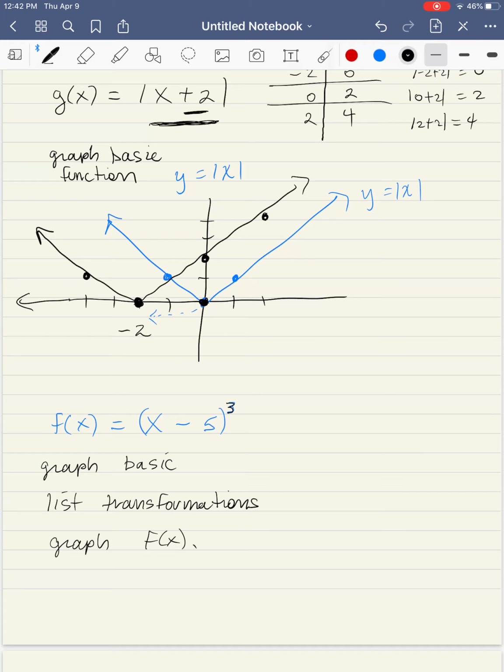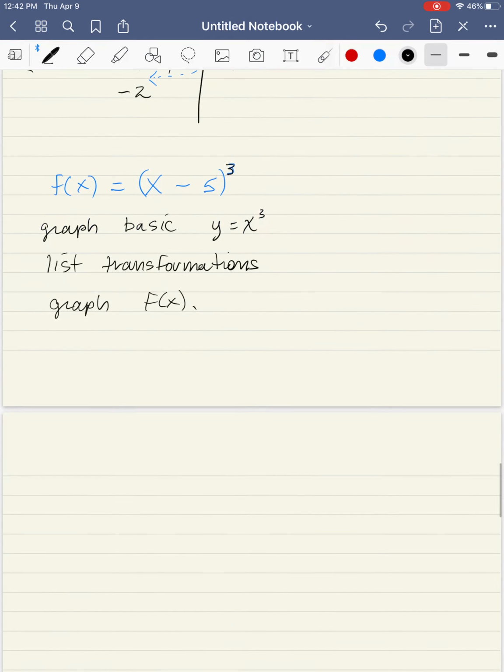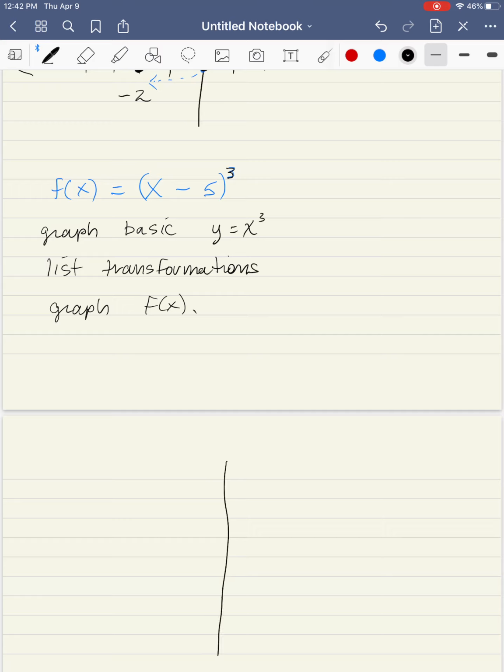Alrighty, so let's see. Because we have this cube here, that means our basic graph is y equals x cubed. I graph that graph. I'm going to go ahead and move down here and graph it so I have plenty of room. 0, 0. 1 cubed is 1.